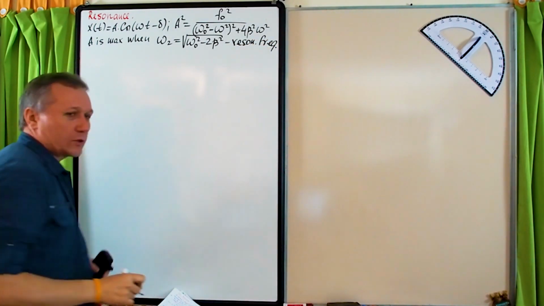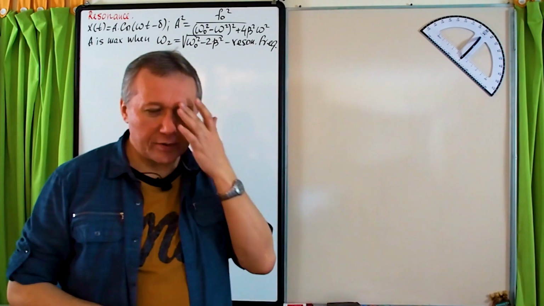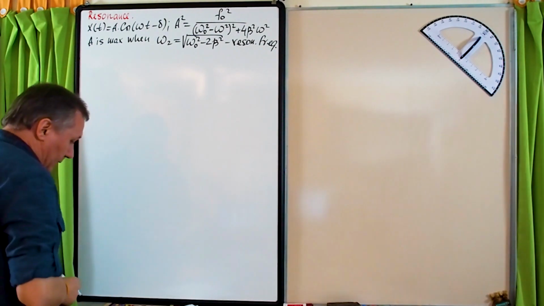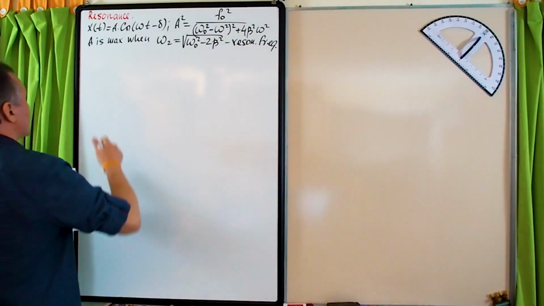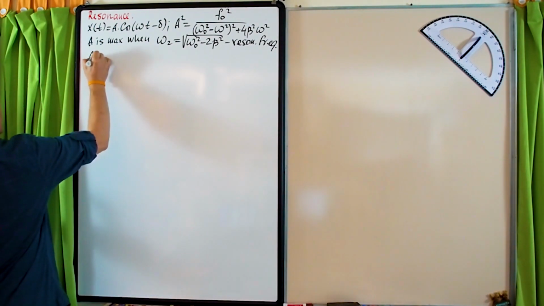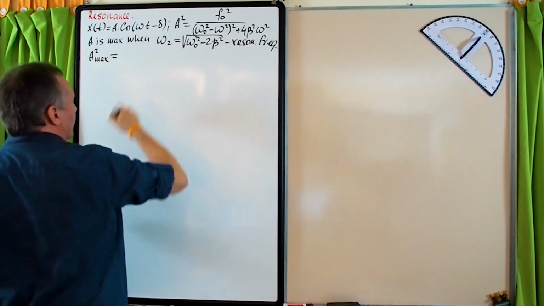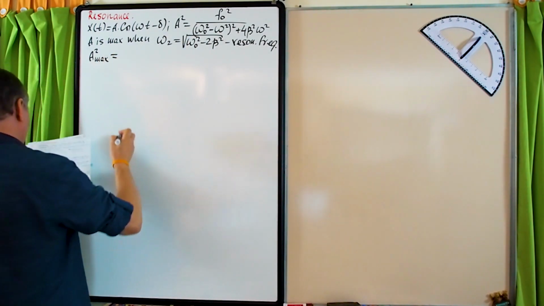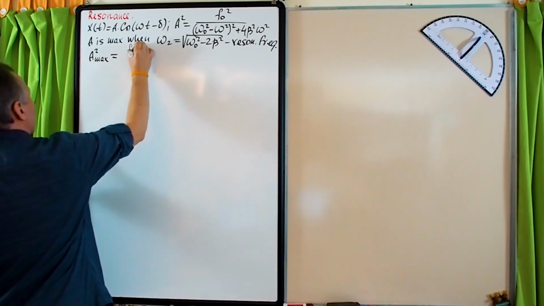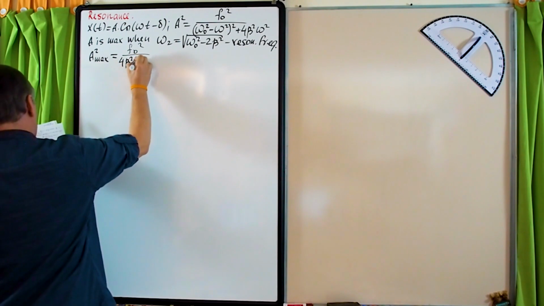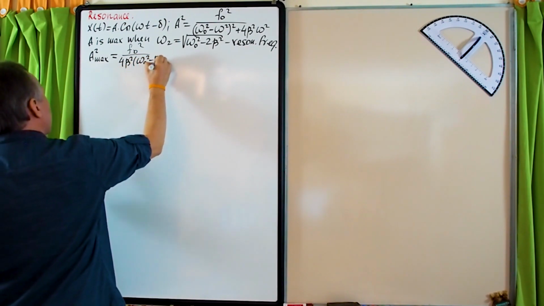Okay, just quickly refreshing everything. So that was our resonant frequency, and maybe I will write also the square of the maximum amplitude. So basically, if you plug in omega 2, we ended up with f naught squared divided by 4 beta squared times omega naught squared minus beta squared.